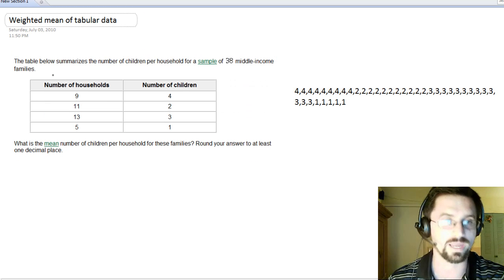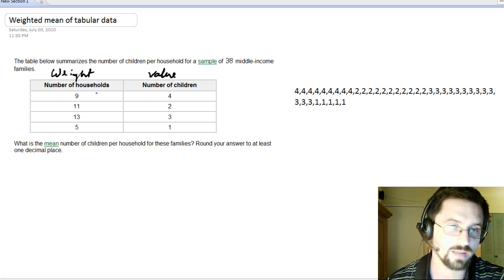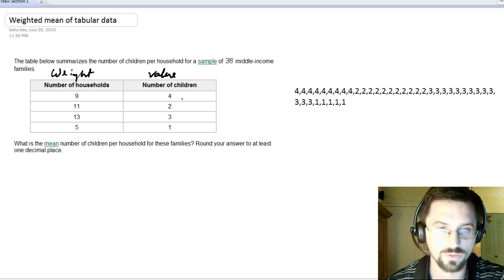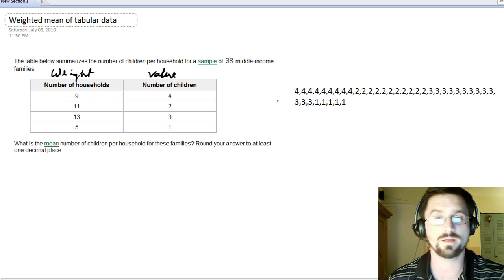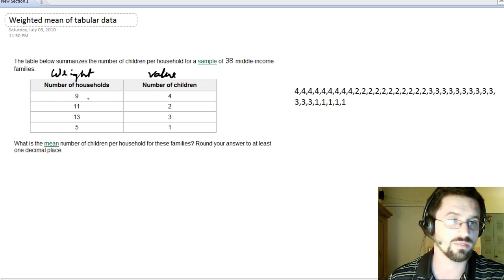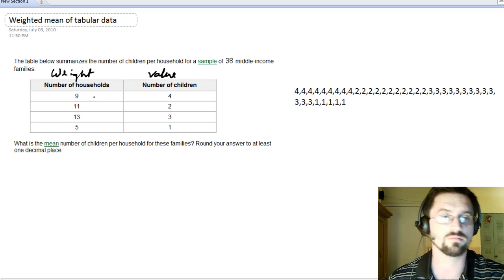So our process here is going to be to multiply the weight times the value. The weight is the number of times this particular value would appear in the array if it was written as an array. So 9 households answered 4 children.